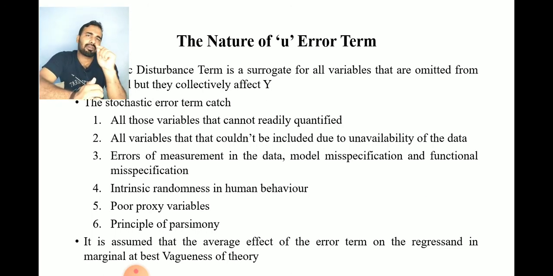Then, poor proxy variable. What do we mean by poor proxy variable? In certain cases, the exact variable or exact data may not be available. For example, take the case of India. If you want to verify the Keynesian liquidity preference theory, the theory says that the demand for money is positively related to income and negatively related to the interest rate.